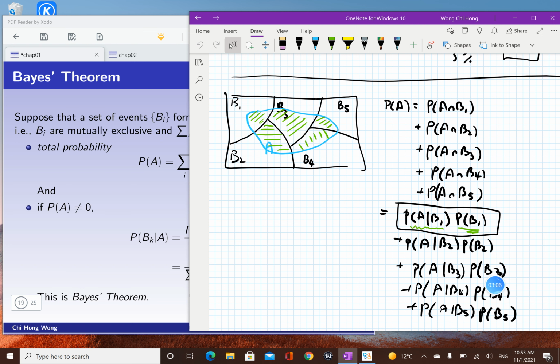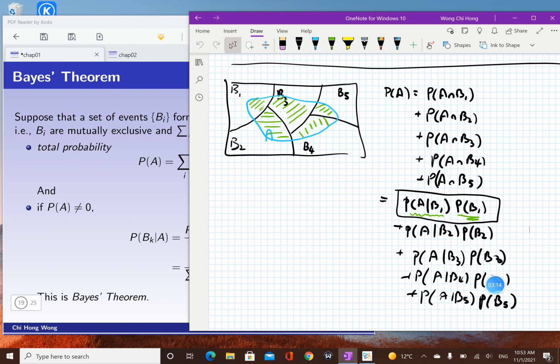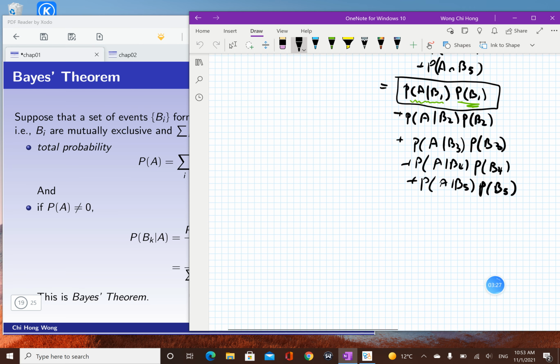I'm adding the lot together so that we have the sum of the lot, and it's going to be given by the conditional probabilities: probability of A given B1, probability of A given B2, and all that. This is what we call the total probability.